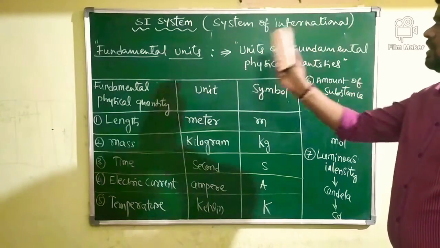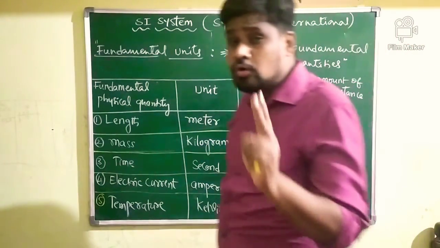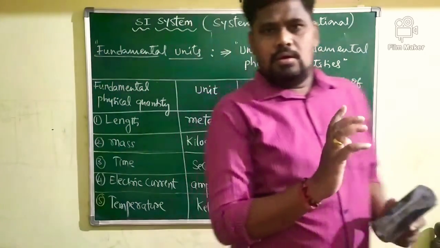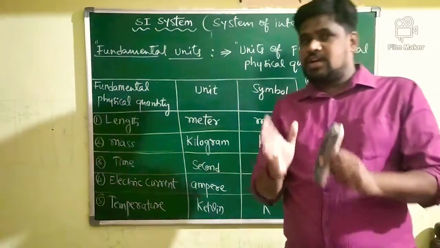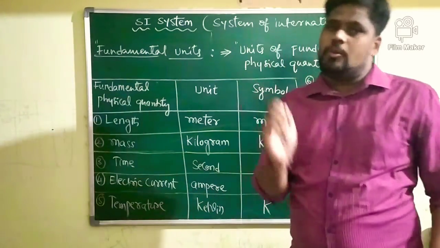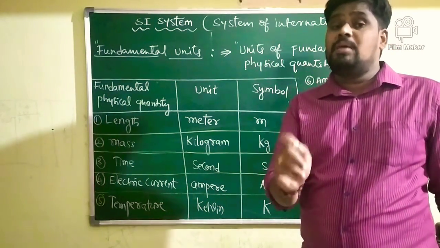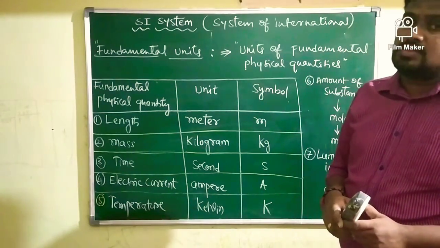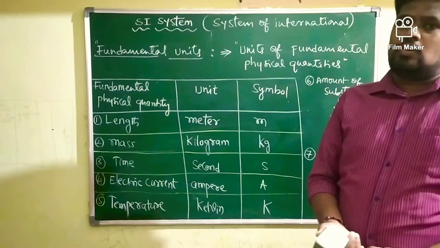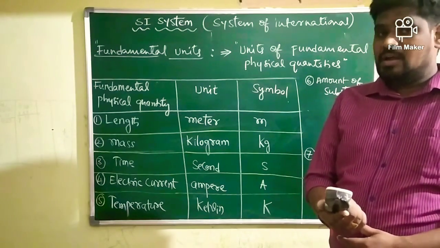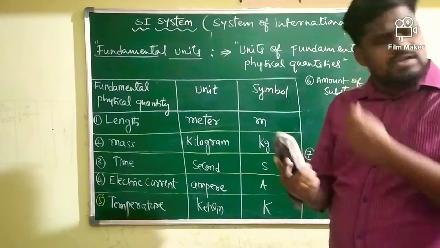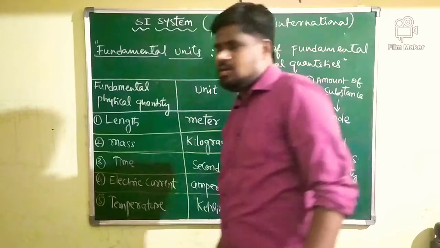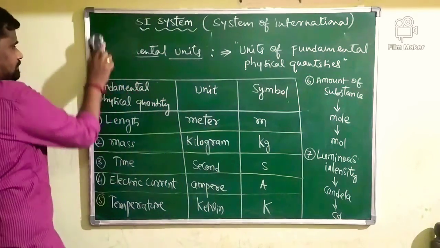These 2 more physical quantities are generally used in geometry, and we call them supplementary physical quantities. Supplementary physical quantities are another category of physical quantities represented by the SI system.